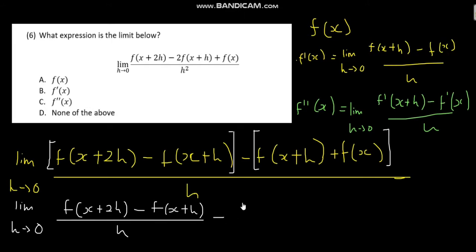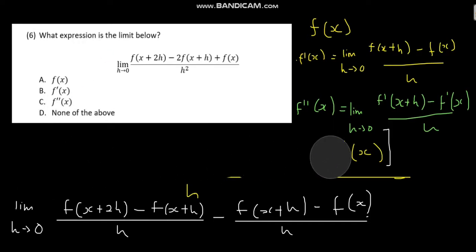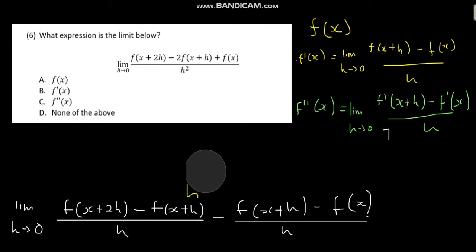I'll bring it out of the bracket, so that will be minus f of x plus h minus f of x, all divided by h. So this is what I have now. Okay, from here, let's look at what will happen.